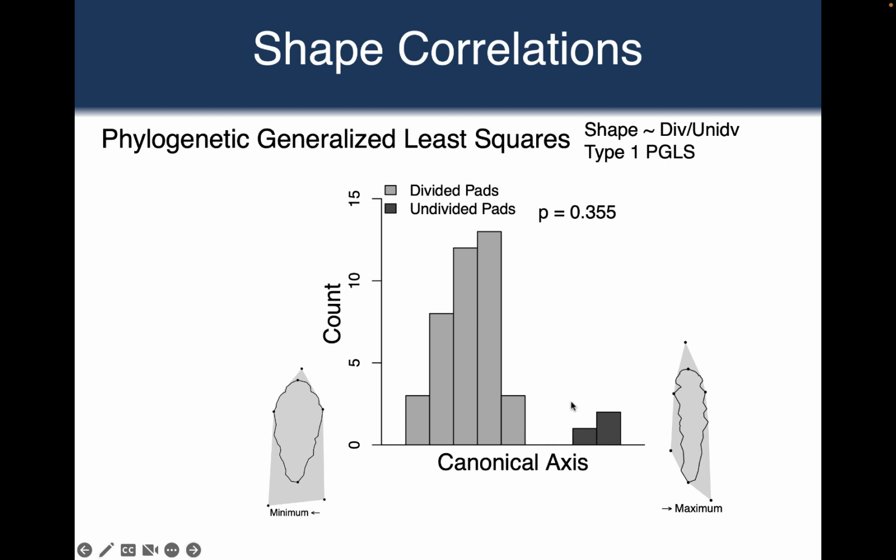You can't totally take this as meaning significant differences, because we didn't have the power, but these results suggest species with undivided pads tend to have narrower pads, which intuitively makes sense, versus species with divided pads tending to have fatter, wider pads.